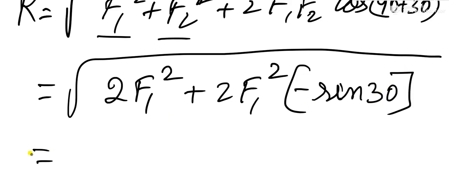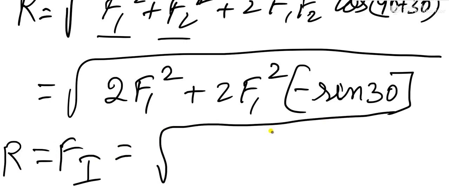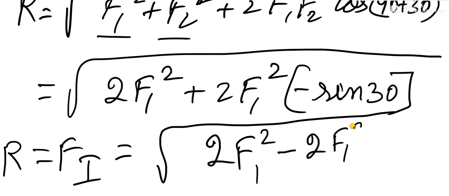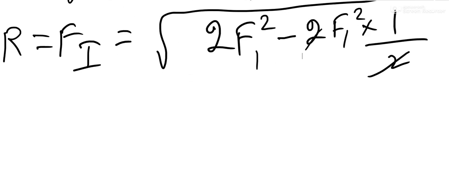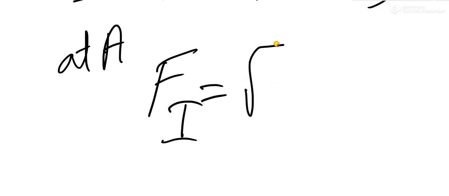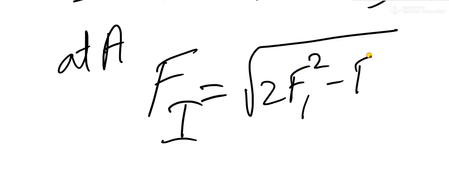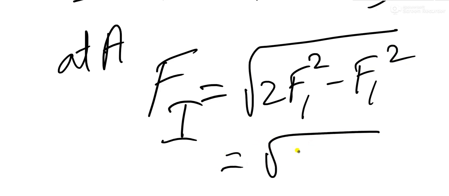Okay. So finally, the resultant force on the first particle, the Q1 charge, is going to be 2 F1 square minus 2 times F1 square into sin 30, which is 1 by 2, so the 2 gets cancelled. Finally, we get the net force created at the point A. It is going to be root of 2 F1 square minus F1 square, which is root of F1 square, equal to F1.